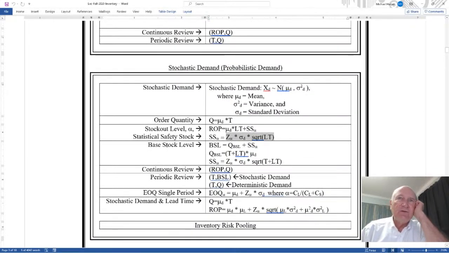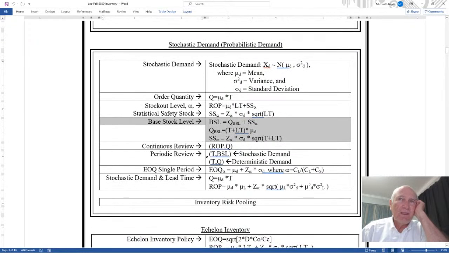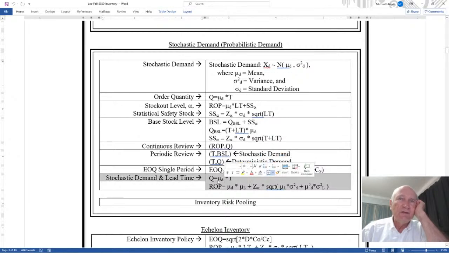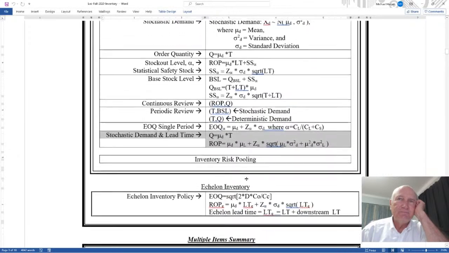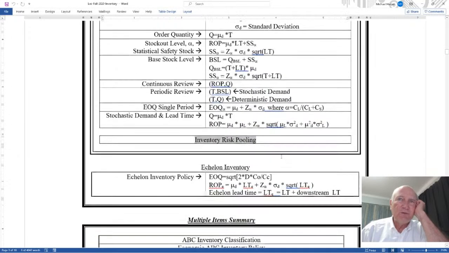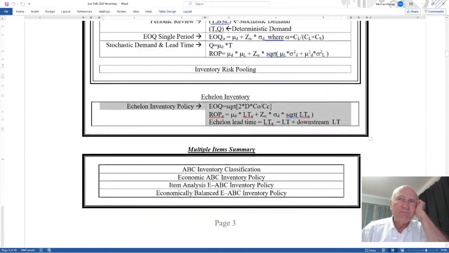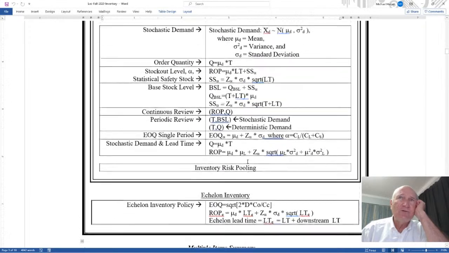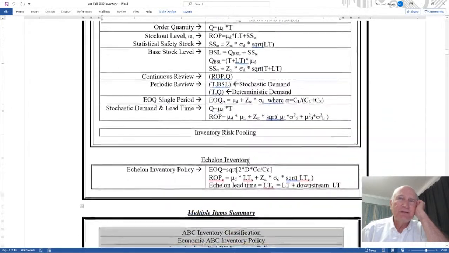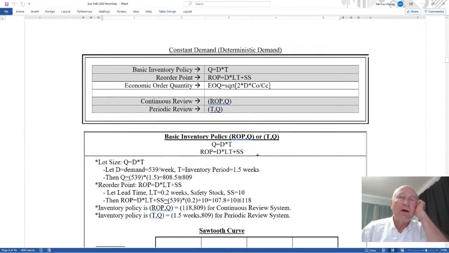And this is for continuous review. Now for periodic review, you have something called a base stock level. Okay, and then we'll do the single period, and then I'll allude to stochastic lead time. And then inventory risk pooling, and then echelon inventory, and then ABC. So this is an overview of what we're doing. So let's get into it. Let's get into some more of the details.